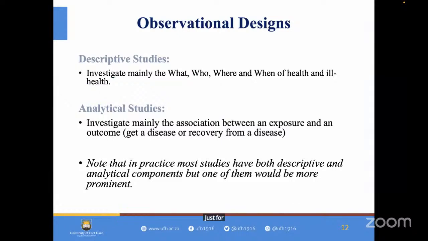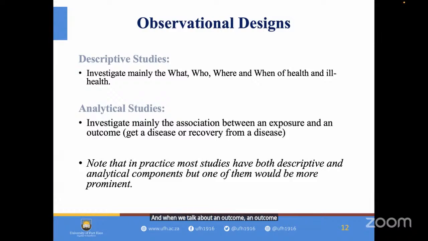Just for a bit of context, when we talk about exposure in EPI, we're talking about what could lead, a risk, a factor, to someone experiencing any health-related event or disease.